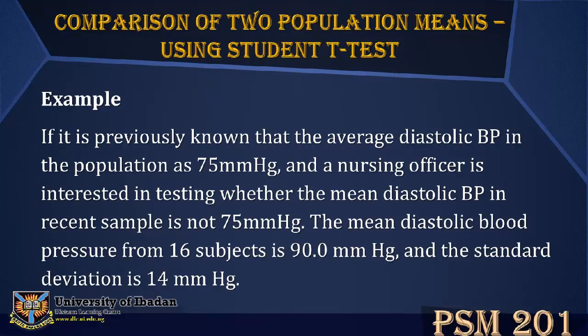Example: if it is previously known that the average diastolic BP in the population is 75 mmHg and a nursing officer is interested in testing whether the mean diastolic BP in a recent sample is not 75 mmHg. The mean diastolic blood pressure from 16 subjects is 90.0 mmHg and the standard deviation is 14 mmHg.